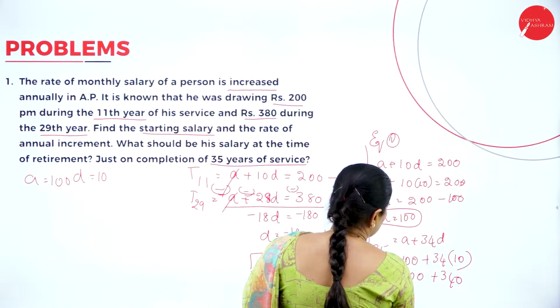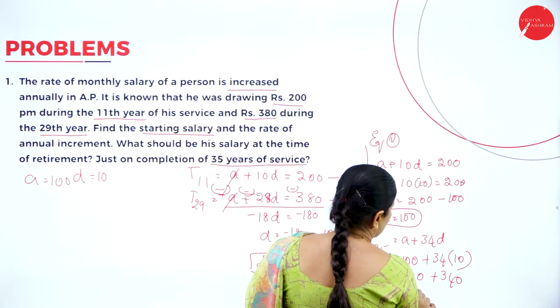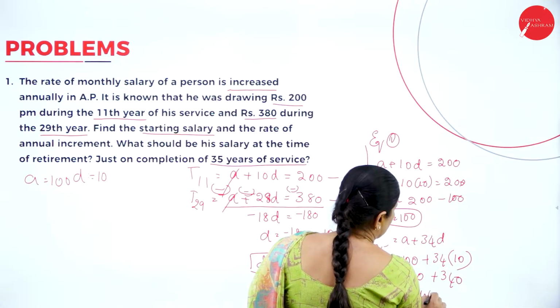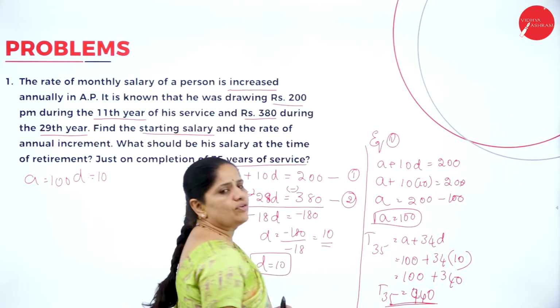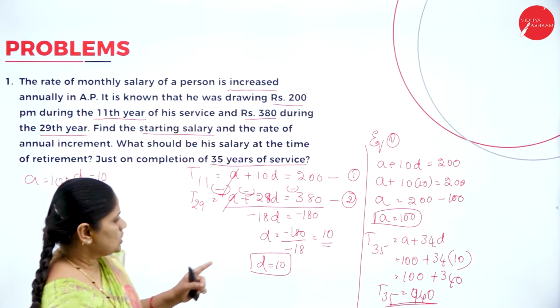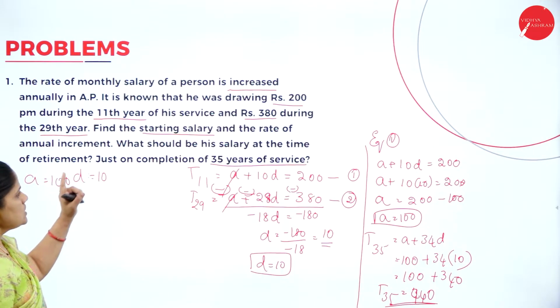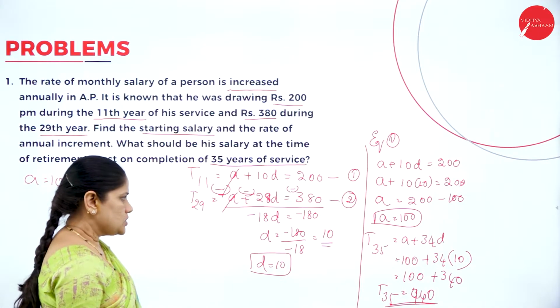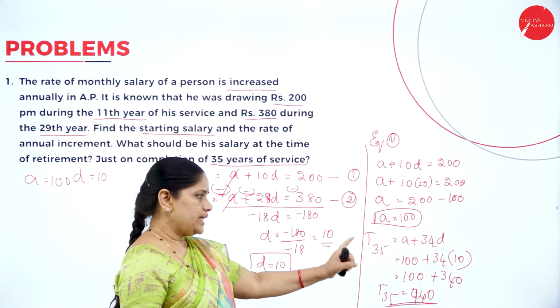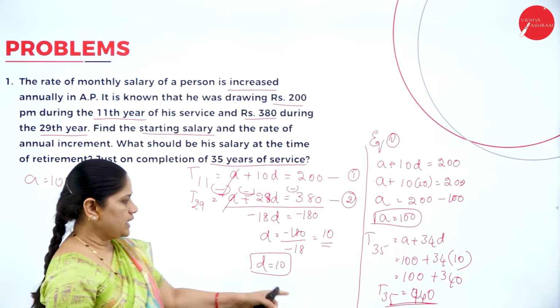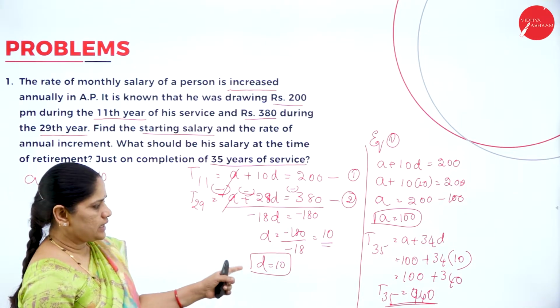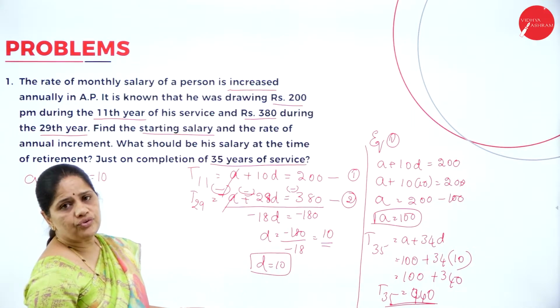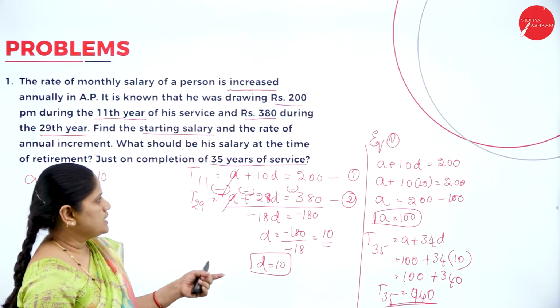So, in the 35th year of his service, he is drawing 440 rupees. This is the answer, just on completion of 35 years of his service. A plus 34D, so 100 plus 340 is equal to 440.